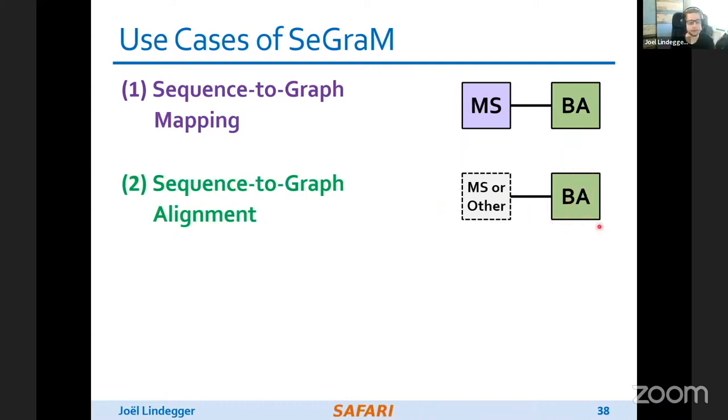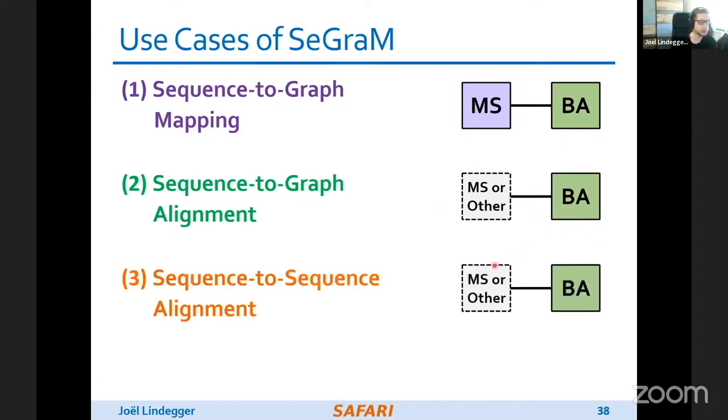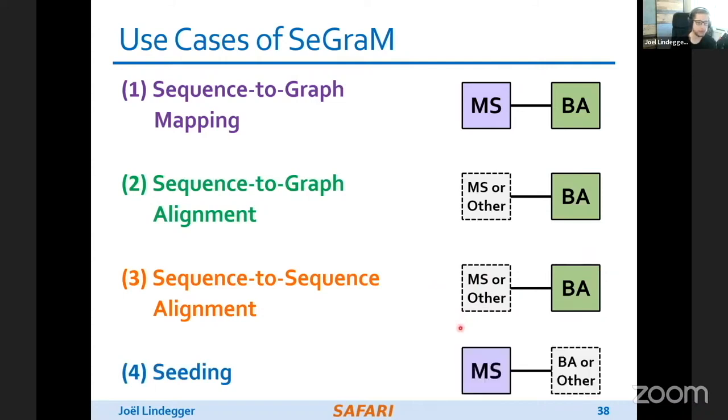So you can use these modules independently, or you could just do sequence to sequence alignment, in which case you would just disable the MinSeed component and use BitAlign for the sequence to sequence alignment. And finally, if you just need a seeding accelerator, of course, you can just use MinSeed on its own also, if for whatever reason you don't need the highly efficient pairwise alignment.